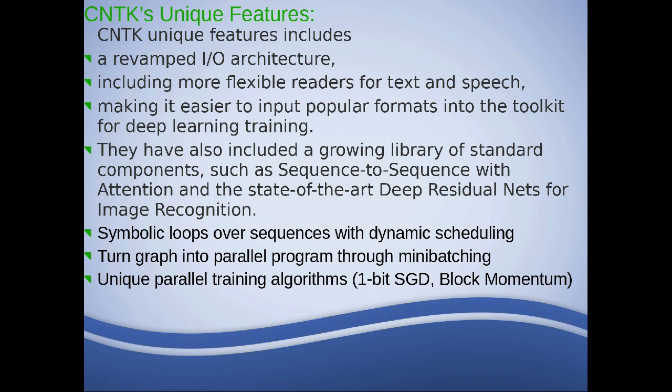Fourth, they have also included a growing library of standard components, such as sequence to sequence with attention, and the state-of-the-art deep residual nets for image recognition. Fifth, symbolic loops over sequences with dynamic scheduling. Sixth, turning the graph into a parallel program through mini-batching. Seventh, unique parallel training algorithms: 1-bit SGD and block momentum.